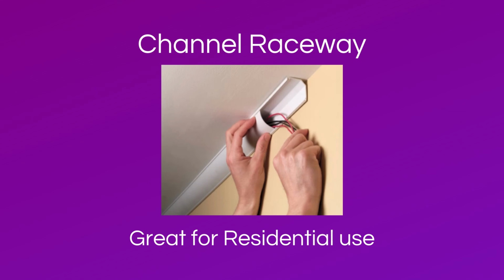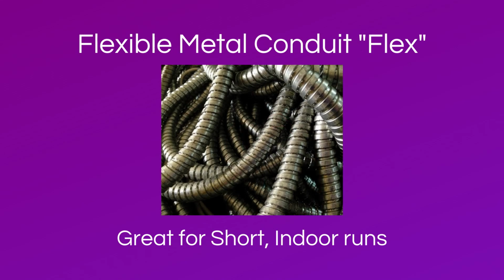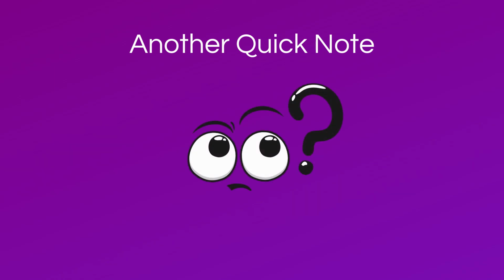If you need the conduit to bend, such as for a short run between a wall box or a fixed appliance, such as a garbage disposal, then flexible metal conduit, also known as flex, is ideal. If you need the conduit to bend outdoors, then liquid-tight flexible metal conduit, also known as LFMC, would be the recommended conduit choice. Now onto another quick note before finishing the video.